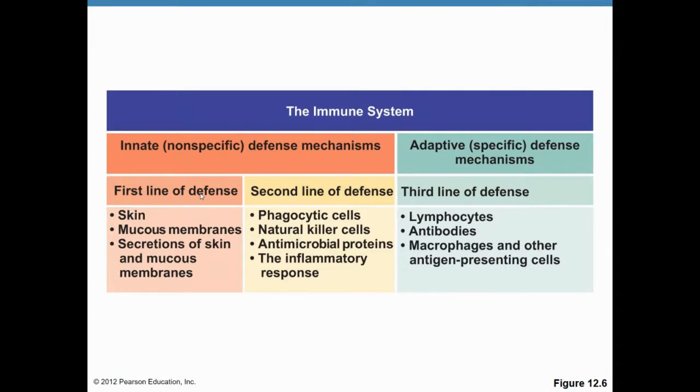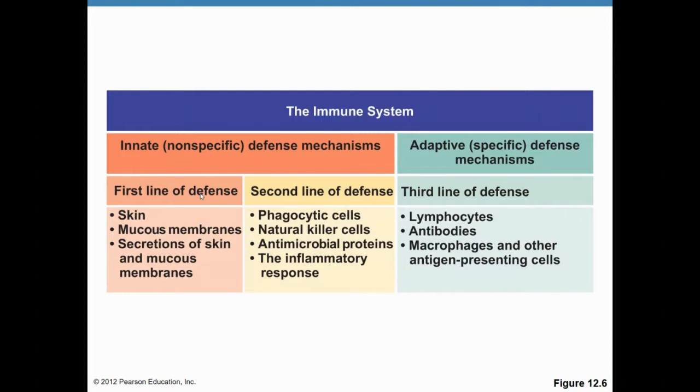These are just the soldiers in the army. And that's going to include things like phagocytic cells. There's a special type of cell called a natural killer cell. We have internal antimicrobial proteins that are produced, and inflammation is also going to be a second line of defense.